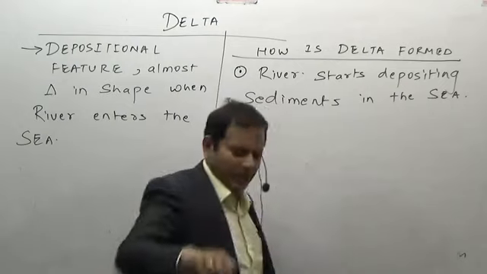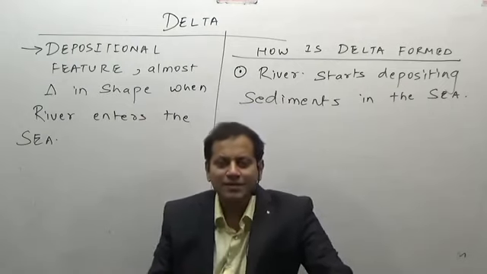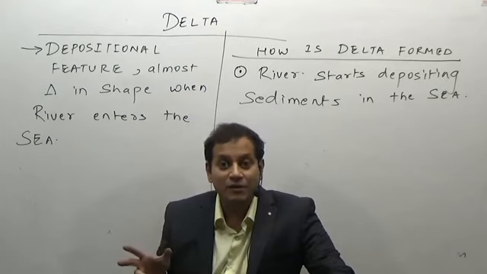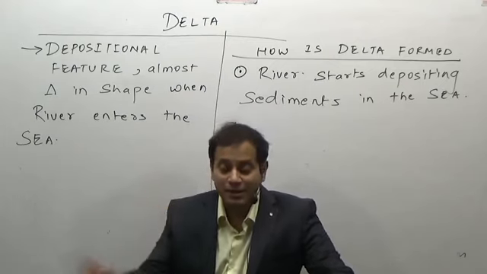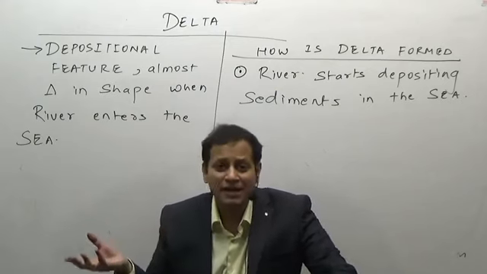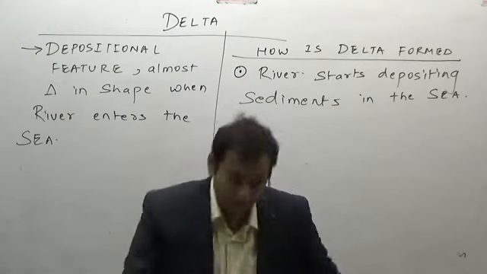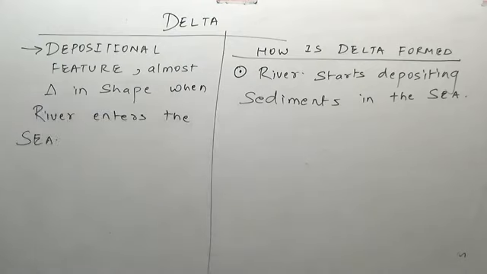Now you remember one thing: when the river comes from the mountain to the plain region, it forms an alluvial fan. When the river enters from the plain region into the sea, with a still greater decrease in speed, it forms a delta, a fan-like, triangular structure. So it starts with the river depositing sediments into the sea.